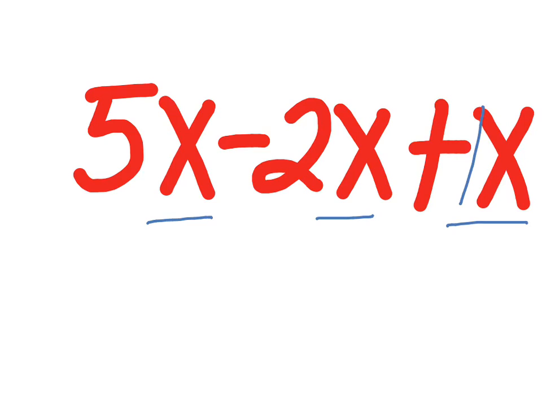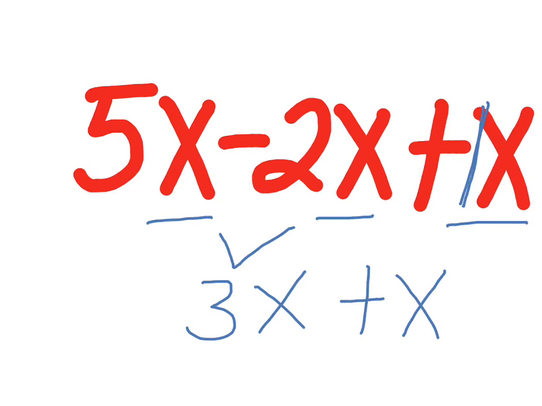Remember what I said in part 1? If a variable is by itself, the coefficient of it is automatically 1. So 5x minus 2x will be 3x. And 3x plus 1x, or 3x plus x, is going to be 4x. So the final answer is 4x.